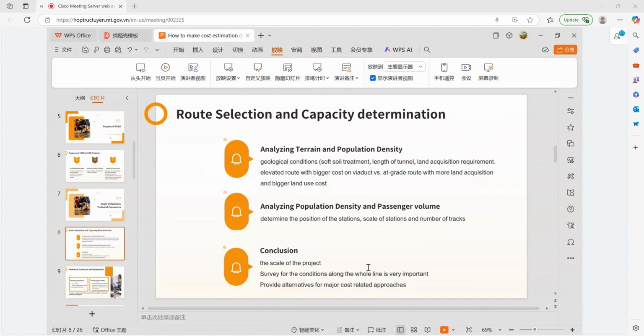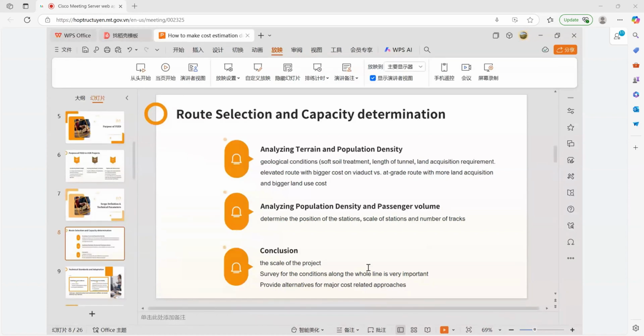For this part, we need to do some comparison to find a better solution. For example, the comparison between the approach of an elevated route with bigger cost on viaduct and the approach of an at-grade route with more land acquisition and bigger land use cost.